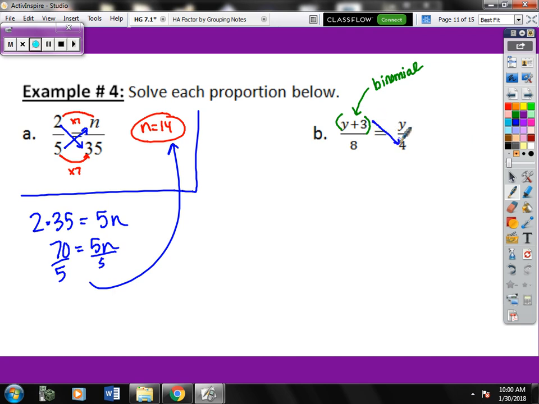So I will cross multiply this one because I don't see necessarily the pattern of what's going on. So I would have 4 times (y plus 3). Bring down your equal sign. Multiply the other diagonals. 8y. And then you would just solve using algebra skills. Distribute.